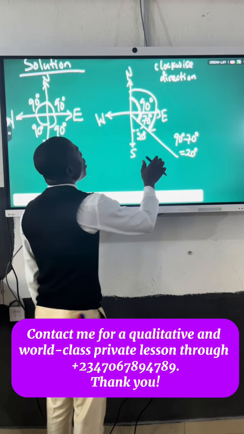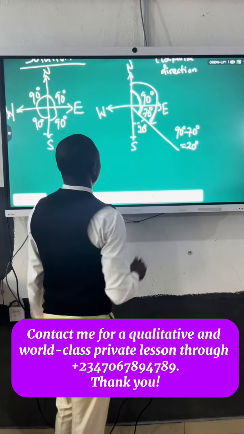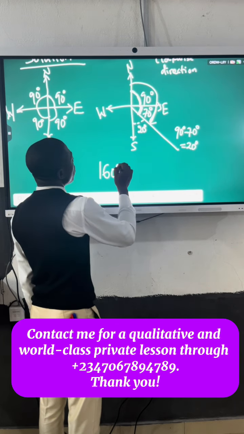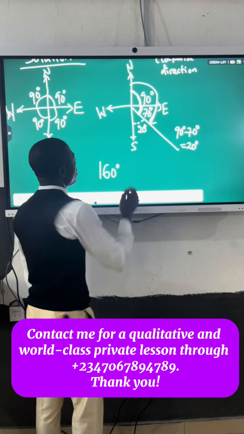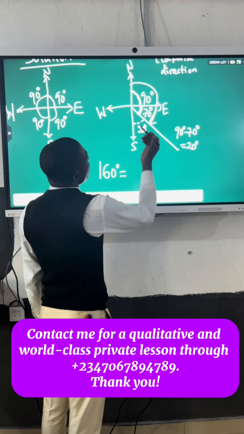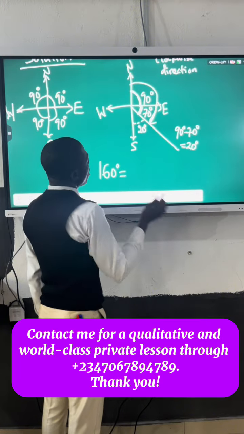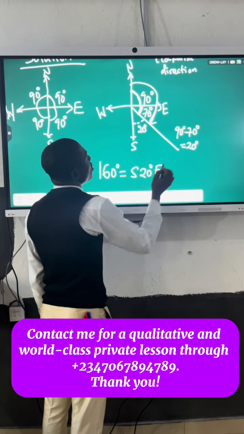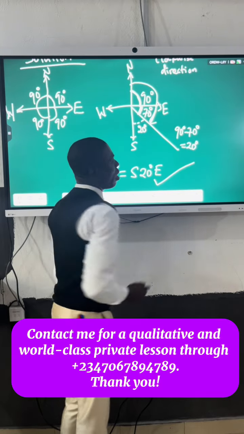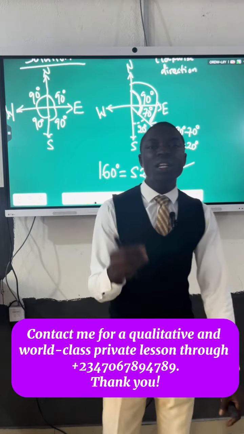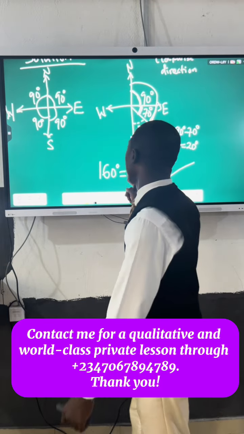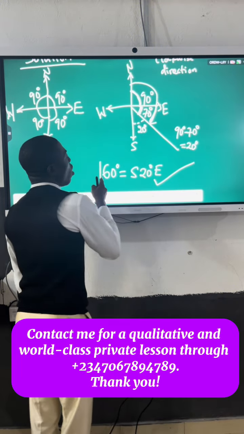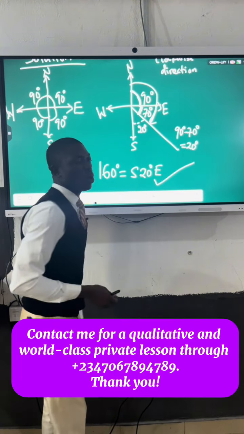So we are going to now use this 20 degrees to read the angle they say we should answer. We say 160 degrees is equal to, you pick south first, and then you write 20 degrees east. So this is the reading of 160 degrees as a compass or acute angle bearing.